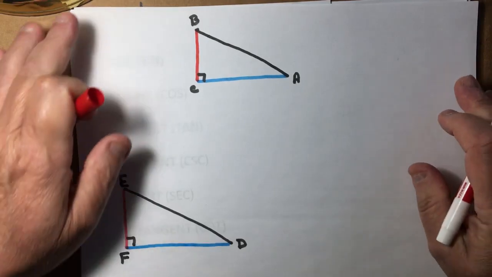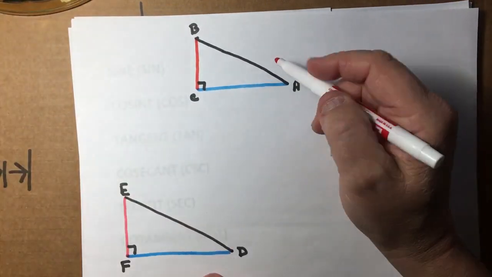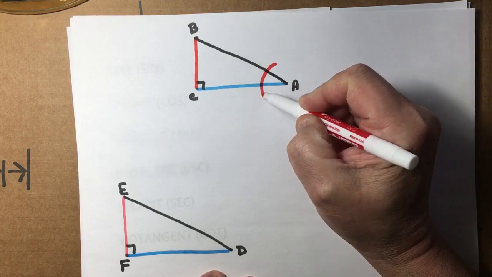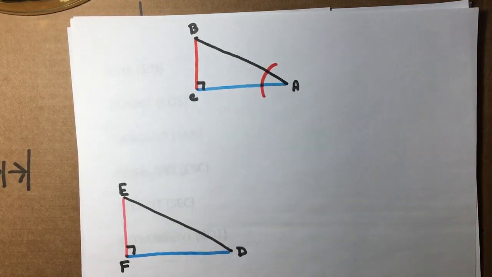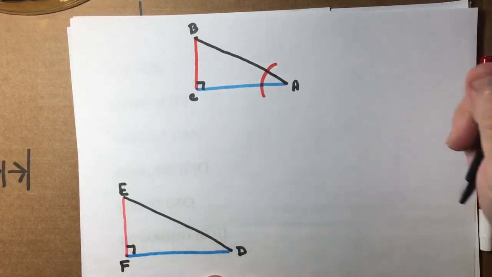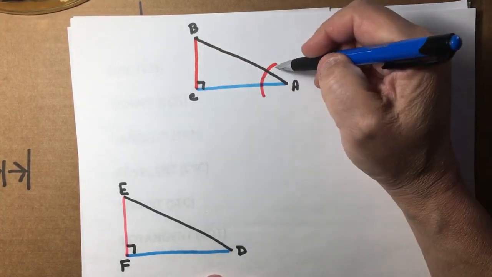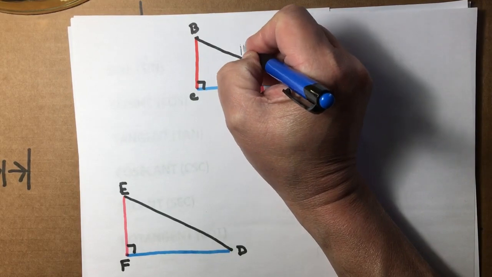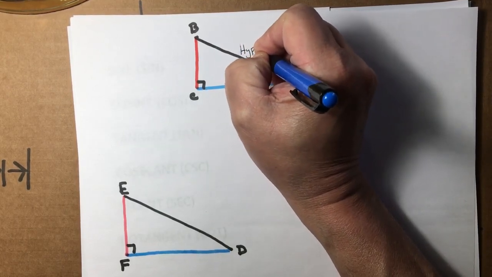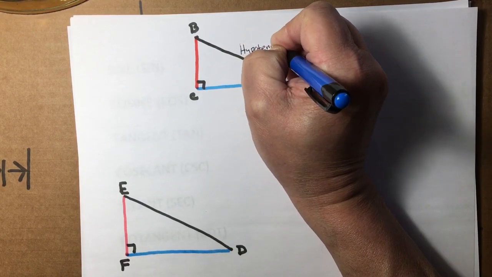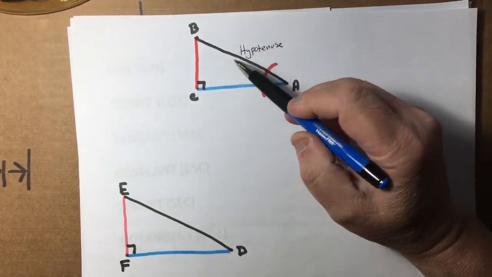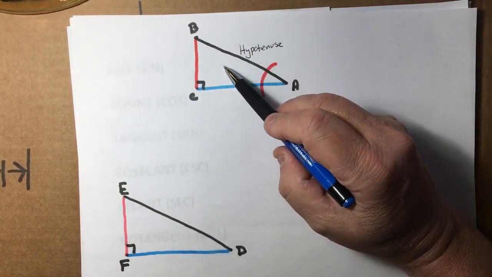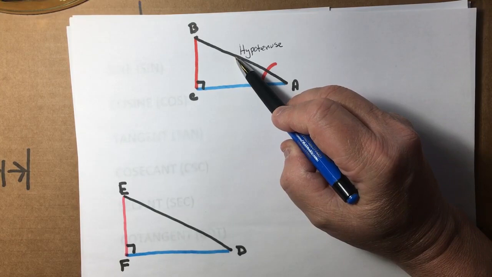And let's say we're here at angle A. Now, if you're standing here at angle A, there are 3 sides involved in your triangle. This black line here is the hypotenuse. The hypotenuse is the side that's across from the 90-degree angle.